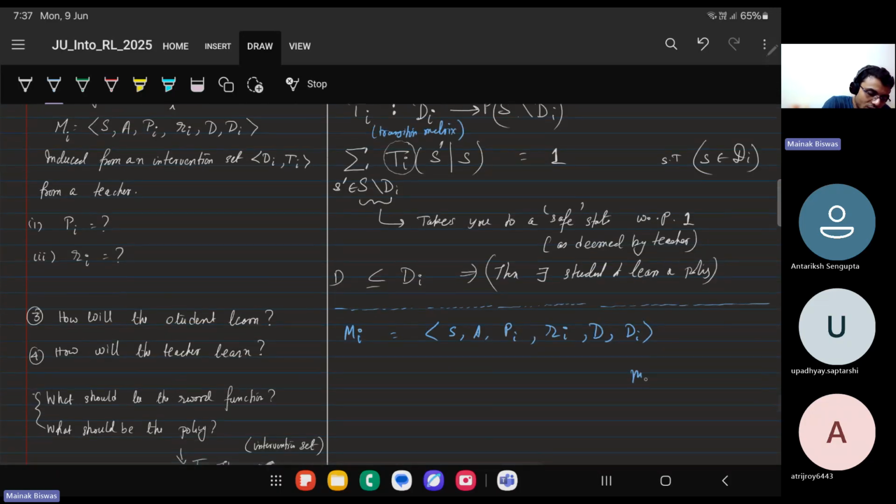Remember, our original Markov chain is original, and this is induced by the teacher at time i. The original Markov chain was S, A, P, reward and danger states.